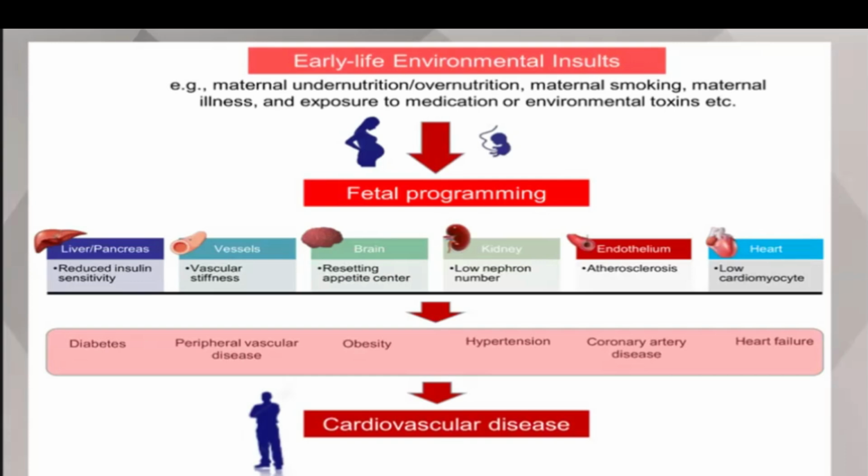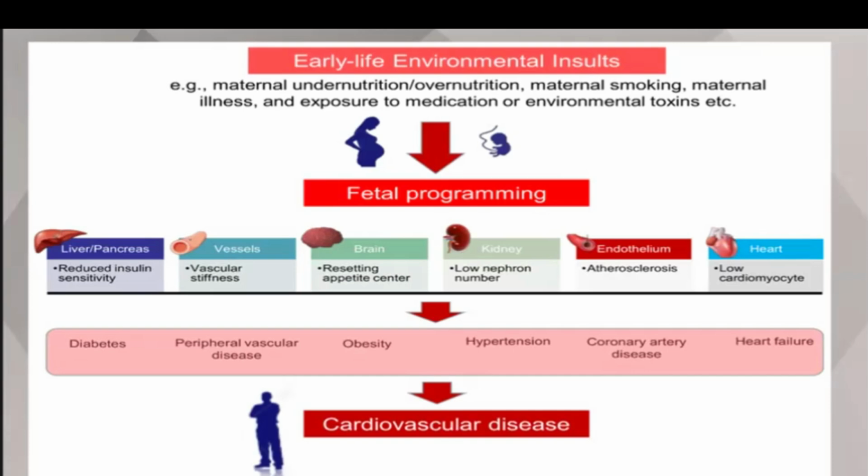Different things like illnesses, so different bacterial infections and different viruses, are some insults. And then exposure to certain medications, such as if we have a pregnant woman that's diabetic or has high blood pressure and they're taking their medication at safe dosages, but overall, this can impact fetal programming. And for environmental toxins, these are things like microplastics that we see now in the literature can impact placental function and also fetal programming.